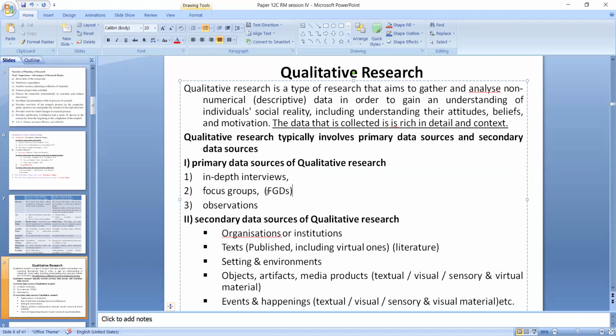Settings, environments, objects, artifacts, events, happenings, etc. at the organization. And as a researcher, you are recording your observations and thoughts, what all these 3, 4, 5 are communicating. So on 3, 4, 5, you are using observation method as primary data because you are recording your observations.